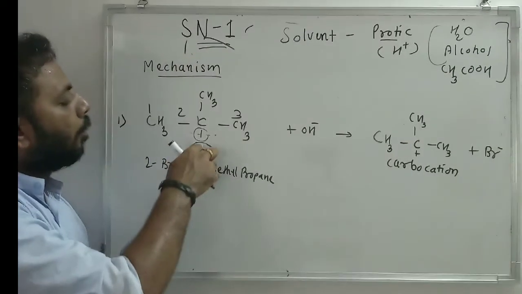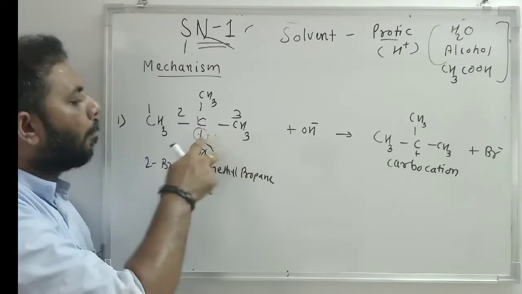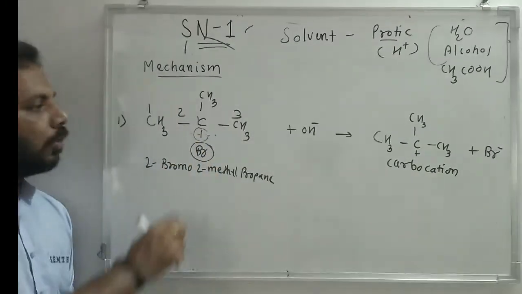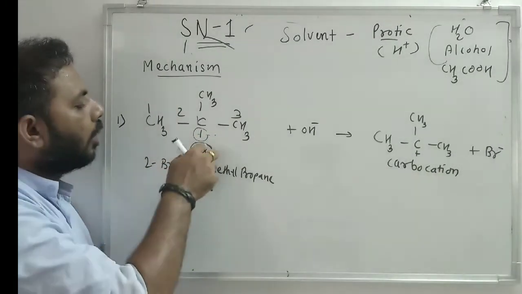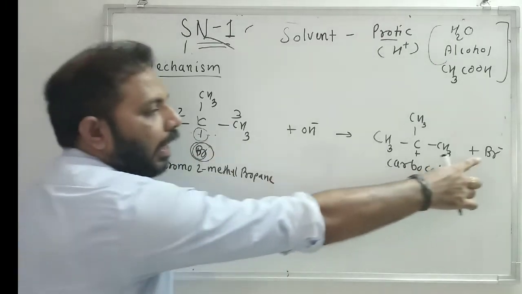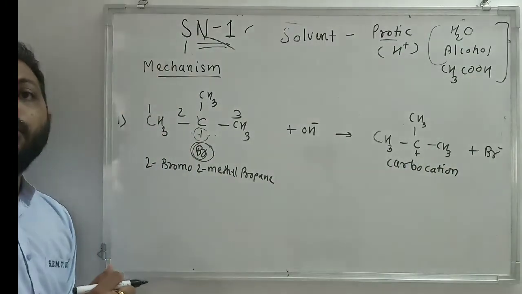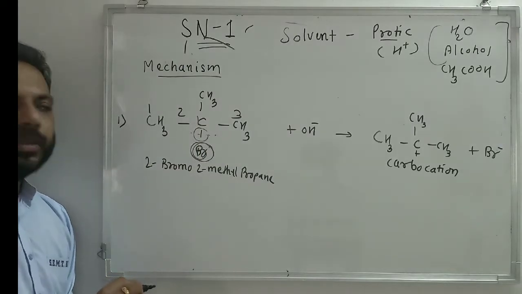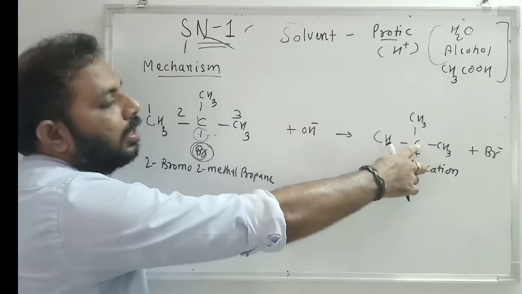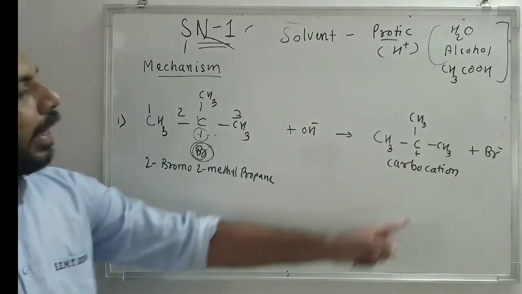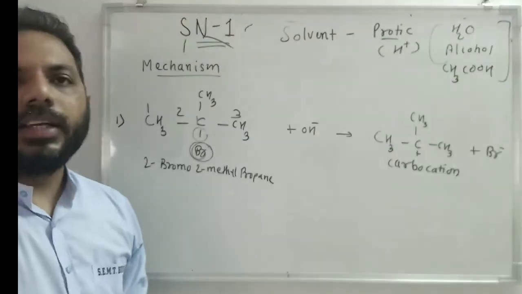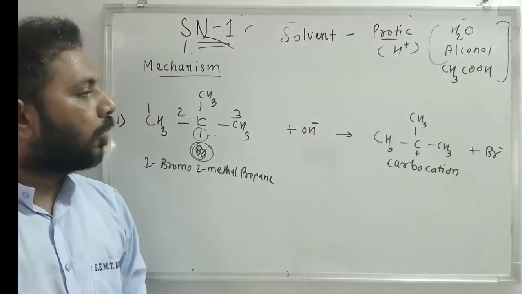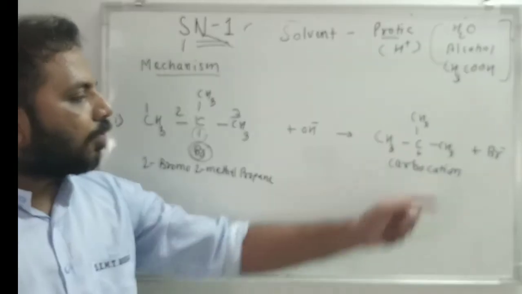Why is positive charge there? Because bromine is releasing by getting these 2 electrons. So carbon is not having any electrons, then that is why positive charge is written here. And if carbon is having positive charge, that is known as carbocation. So in first step, carbocation is formed.